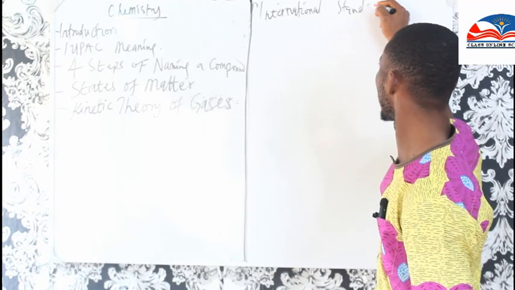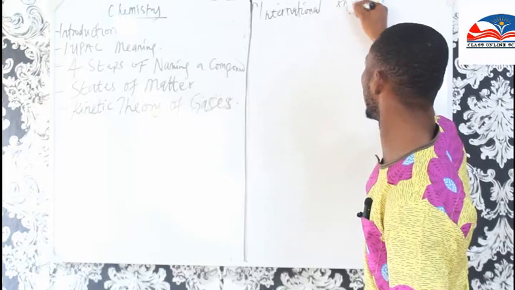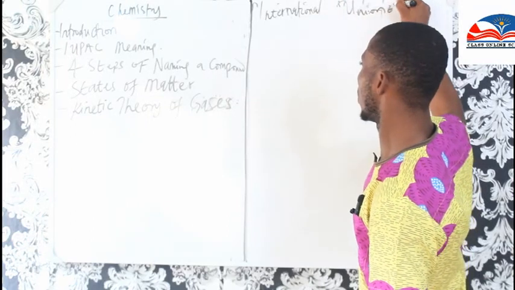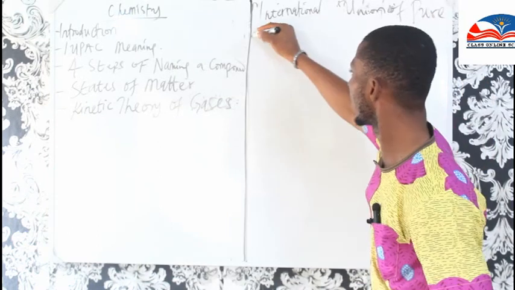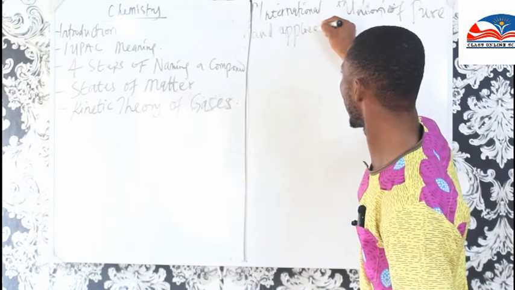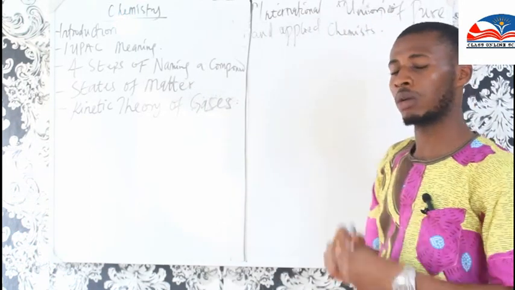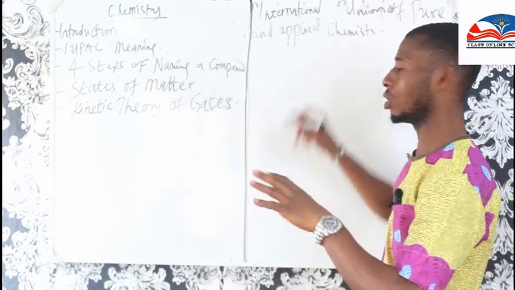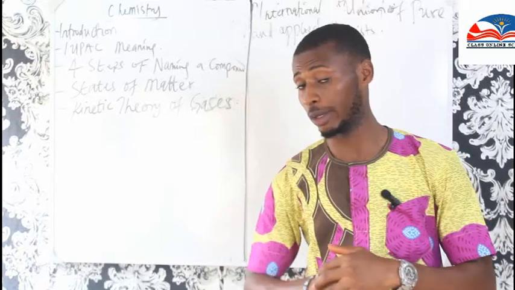IUPAC means International Union of Pure and Applied Chemists. Now, this is a union that is meant for people who study pure and applied chemistry.